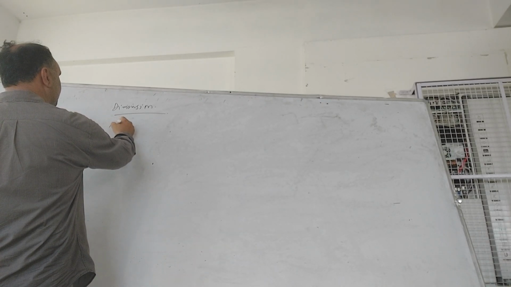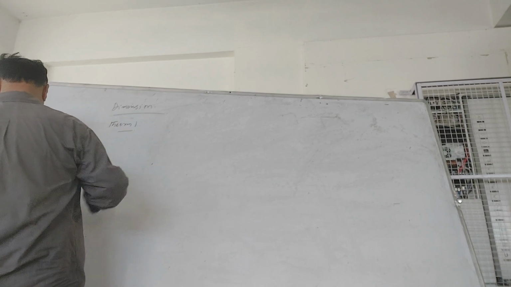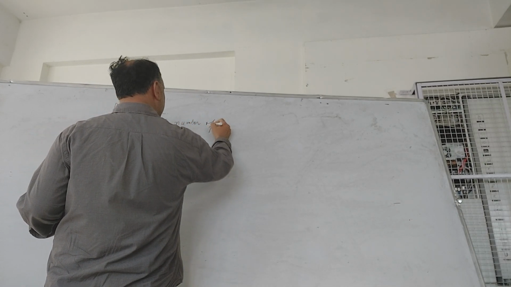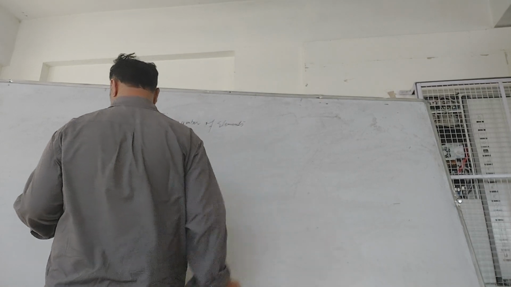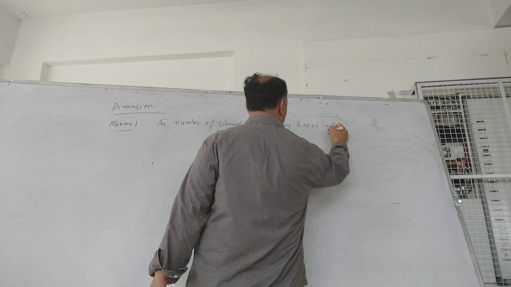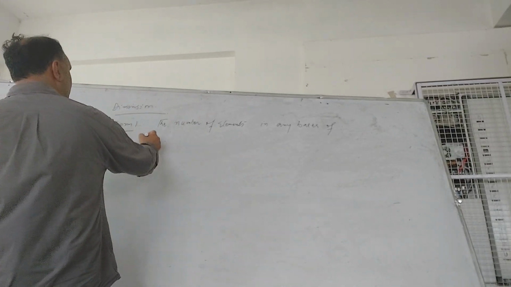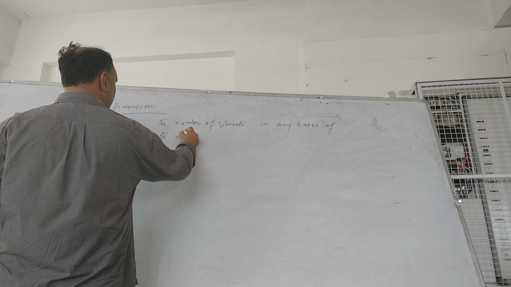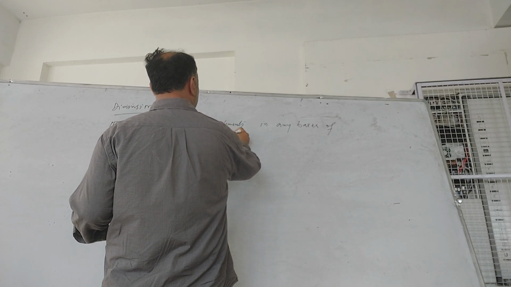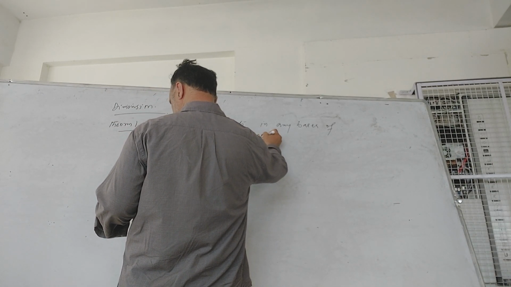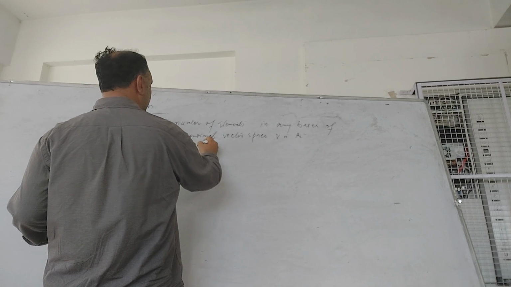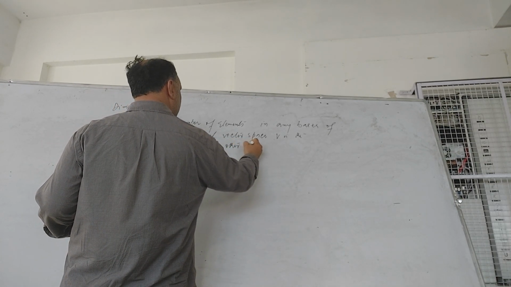So the theorem goes like this: the number of elements in any basis of a finite dimensional vector space V is the same in any other basis.